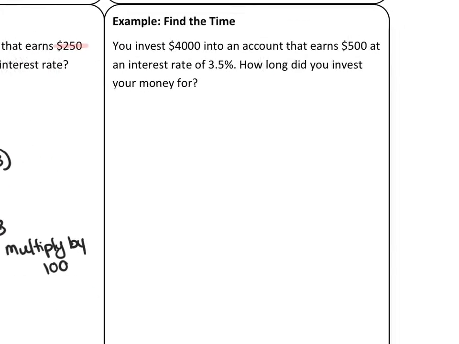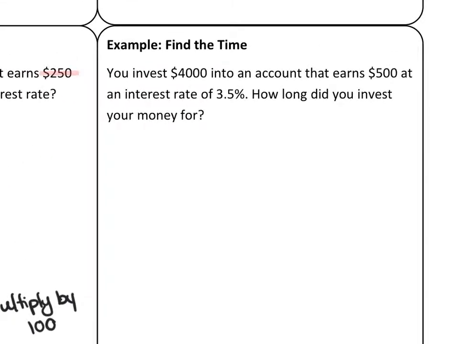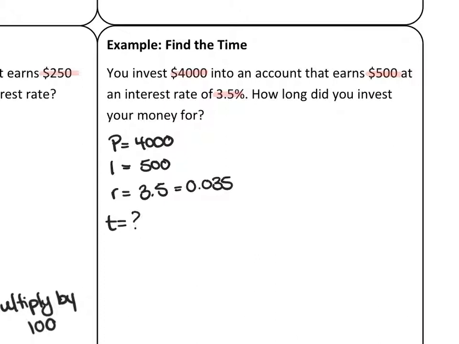Okay, last one. We're going to find the time. So again, $4,000 earns 500, interest rate of 3.5%. How long did we invest our money for? So again, P is 4,000, I is 500, interest rate is 3.5%, which is 0.035 if we change it to decimal form, and we're going to find out what T is.